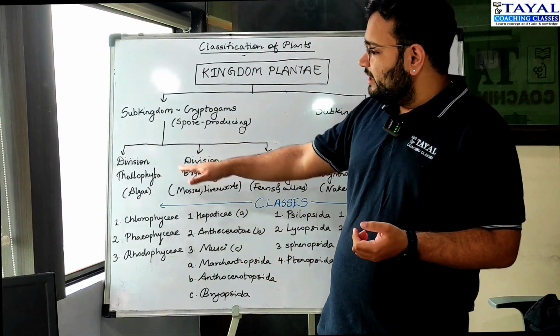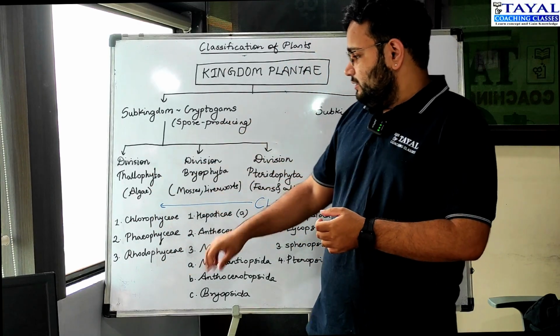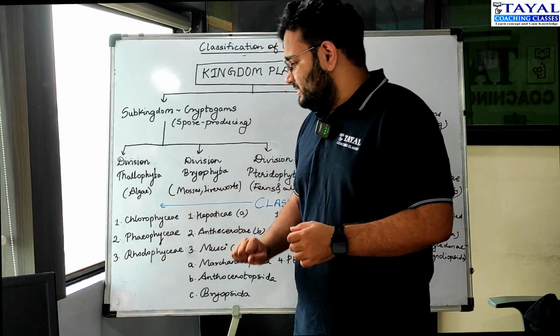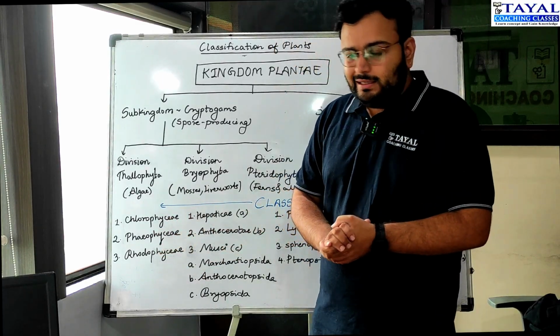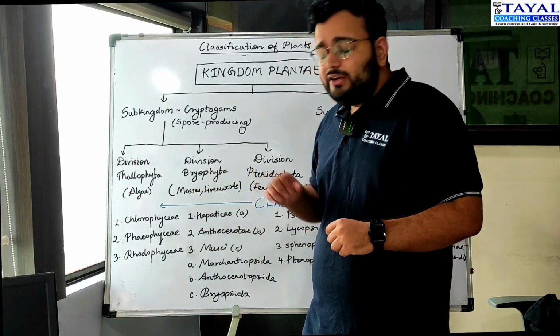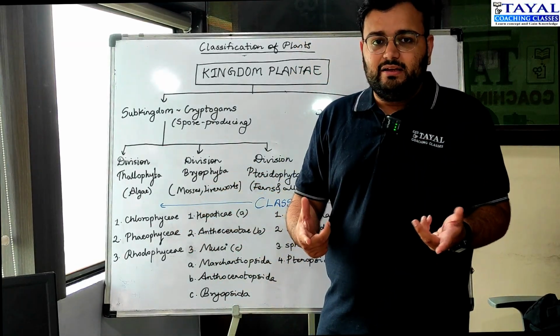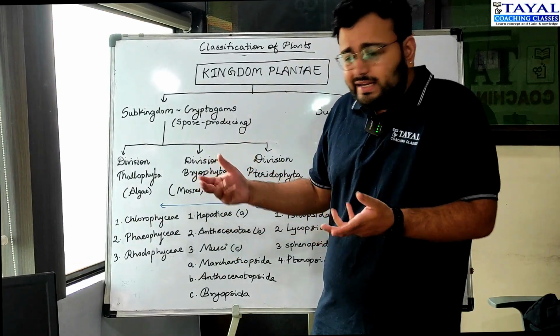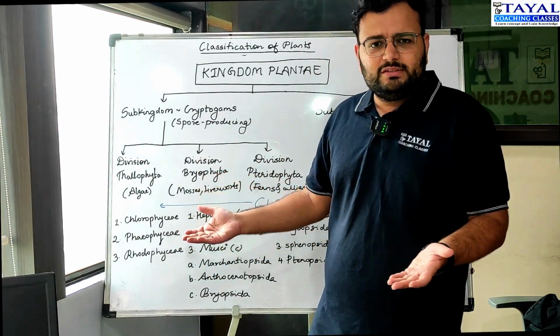There are three classes in it: Chlorophyceae, Phaeophyceae and Rhodophyceae. Chlorophyceae are the green algae, the Phaeophyceae are the brown algae, and the Rhodophyceae are the red algae. You can remember it: chloro means green, rhodo means red, so Phaeo becomes the brown one.